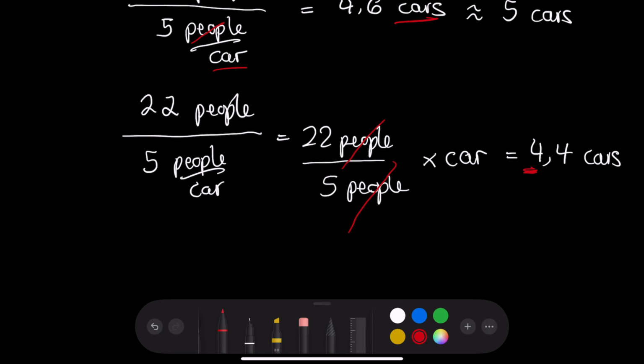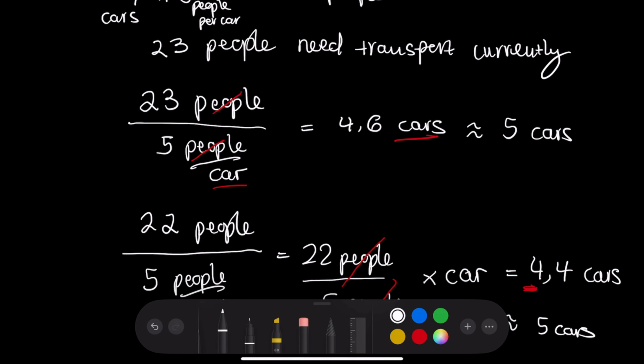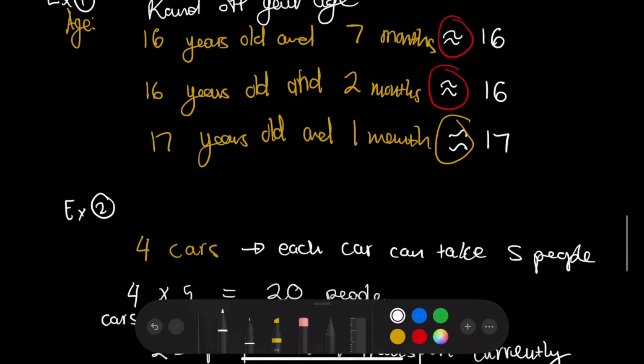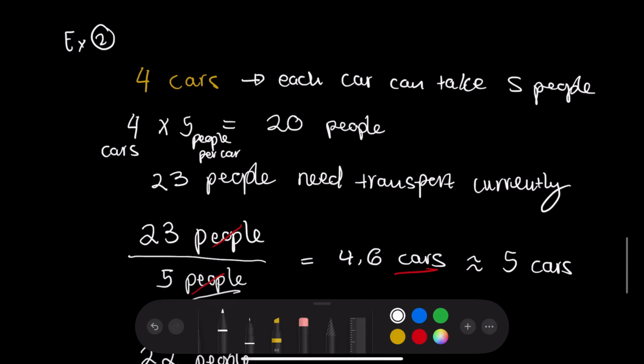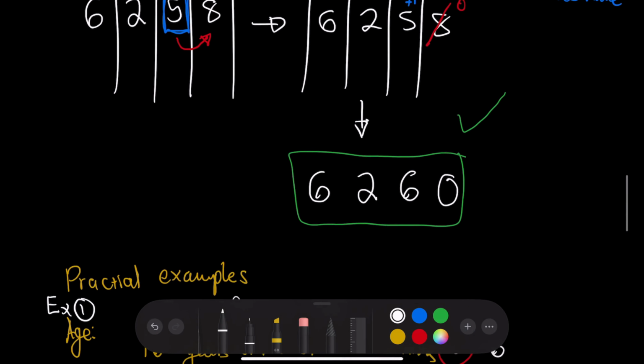I need 5 cars to accommodate the 2 people that won't be able to go. And therefore, I would round off to 5 cars. So these are just examples of practical life experiences that are easy for us to confuse with the general rules. And I thought it was important that we actually discuss it.